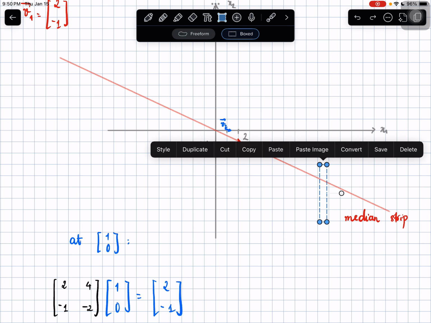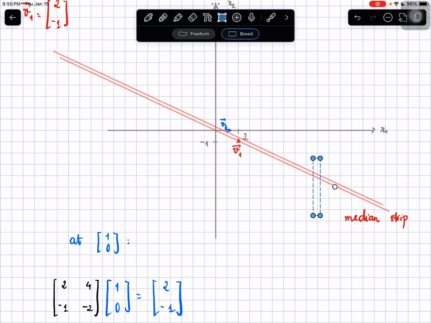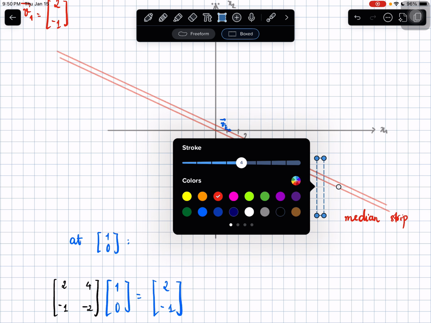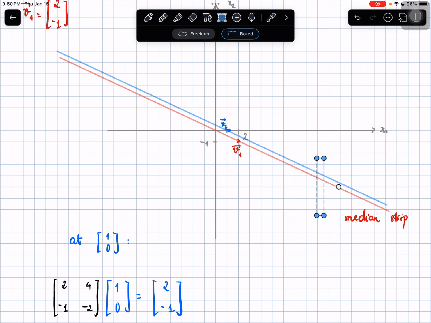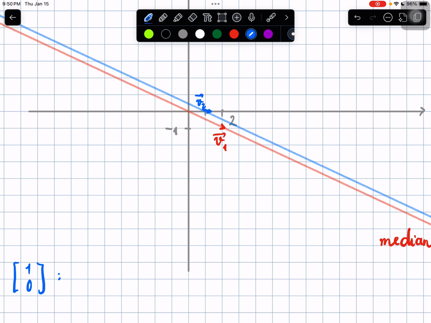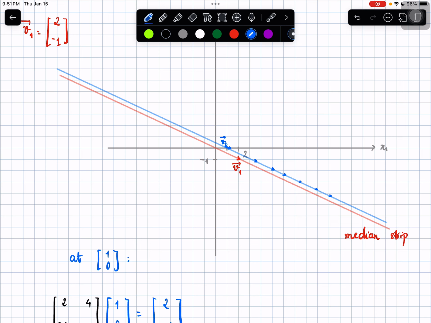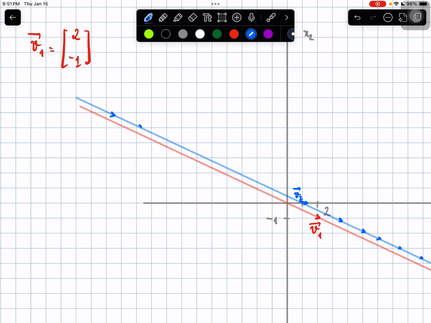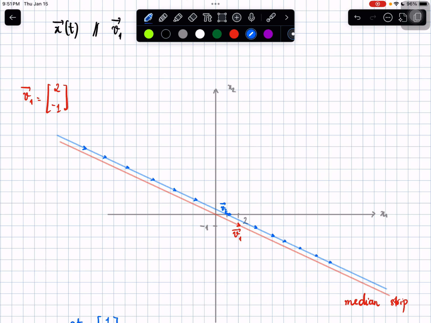So that is what happens on this side. The other side just goes opposite.